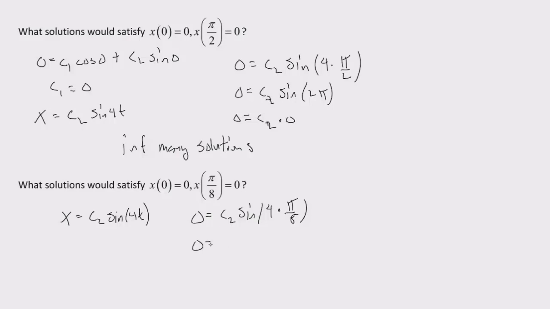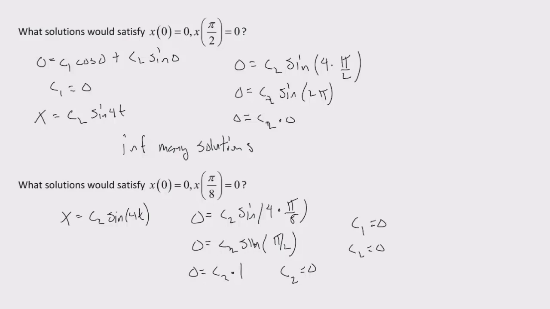So 0 equals c2 sine of pi halves. That says c2 times 1 has to equal 0, so we're locked in that c2 has to be 0. So there is a single solution, when c1 is 0 and c2 is 0. It's the only solution that satisfies that.